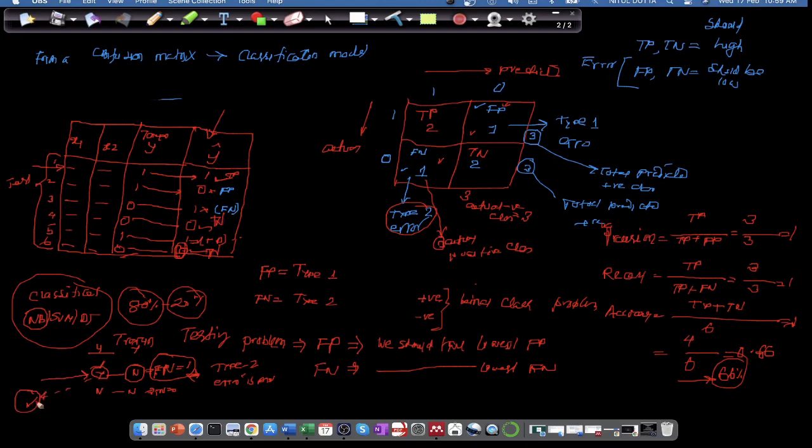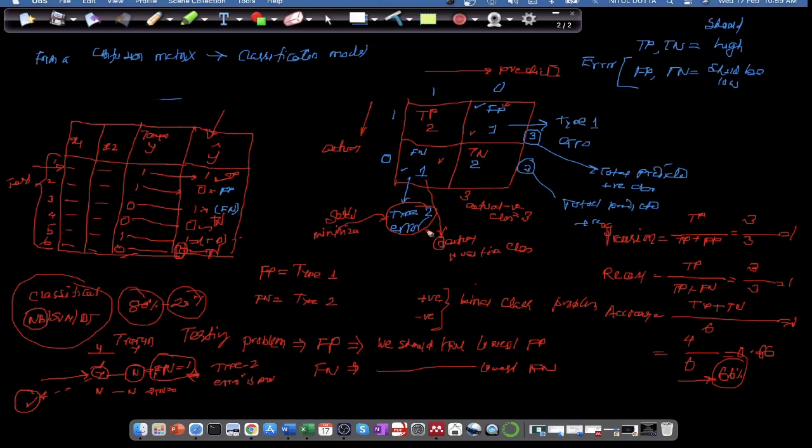By the time it is recognized, he is already dead. That's why in such type of problem, this type 2 error is very severe. So we should try to minimize the type 2 error. We must minimize it.